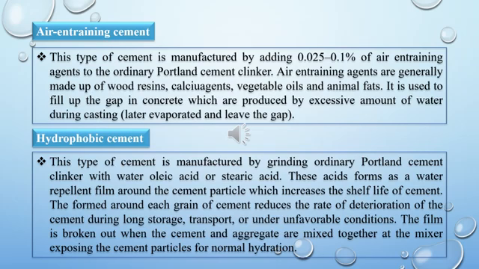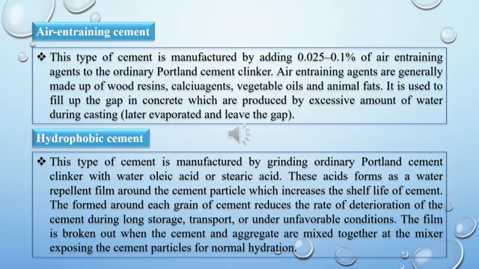Now, these air-entraining agents are generally made up of wood resins, calcium agents, vegetable oils, and animal fats. And air-entraining cements are used to fill up the gaps in the concrete which are produced due to the excess amount of water during the casting.